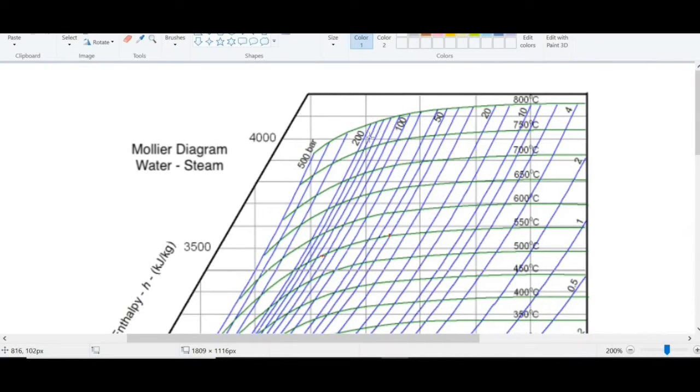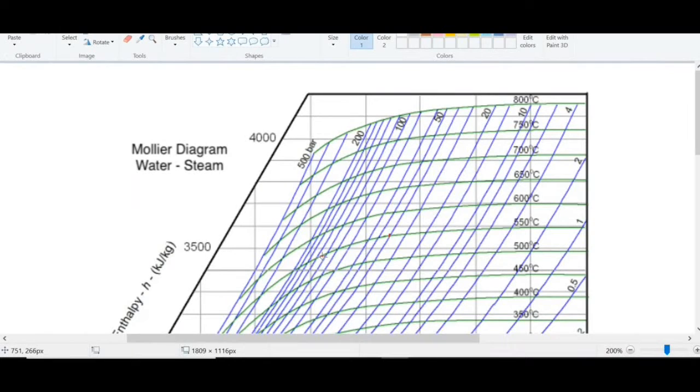In between them there are total 5 lines. Here the first line is for 120 bar, then 140 bar and 160 bar. In between 140 and 160 bar there is one middle point, that is for 150 bar, and temperature is 550 degrees Celsius. So this green line is for 550 degrees Celsius.